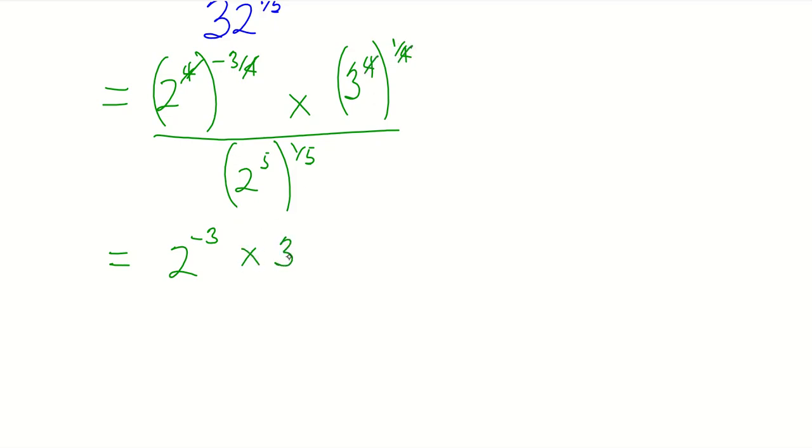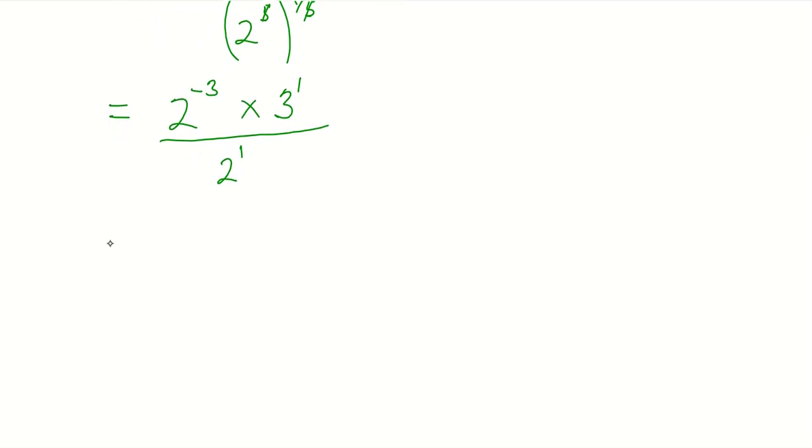So 3 exponent 1, all divided by, now this 5 will cancel this 5 and we are left with an exponent of 1. So we have 2 exponent 1. So we continue with our solution, and we know 2 exponent 1 is the same as 2.